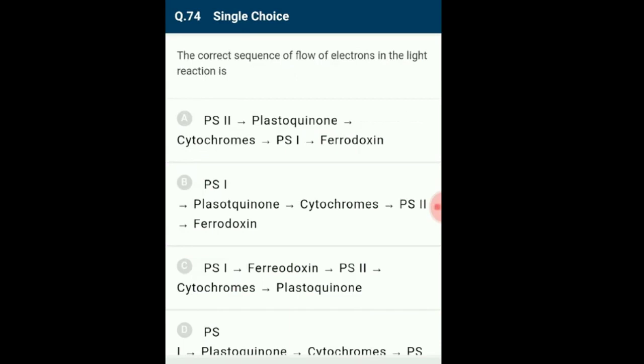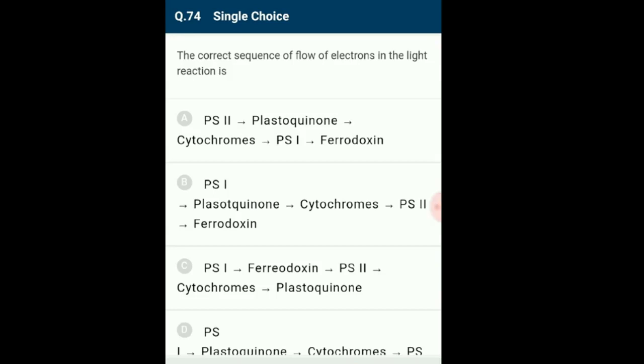Question number 74. The correct sequence of flow of electrons. The light reaction occurs in the grana of the chloroplast, in which light energy causes excitation of electrons, which then pass through different carriers that result in the generation of ATP. This process is known as photophosphorylation. In non-cyclic photophosphorylation, electrons excited from PS2 are passed to plastoquinone, then through cytochromes to PS1.